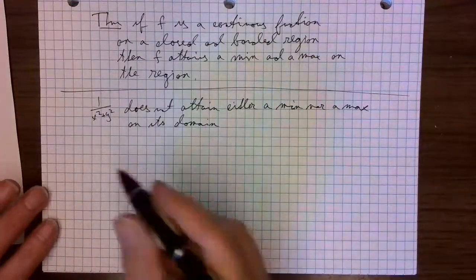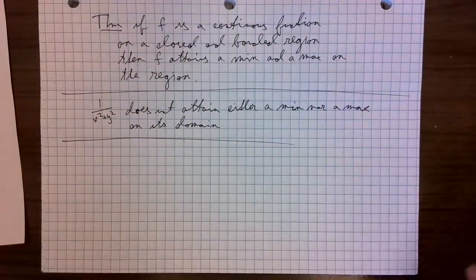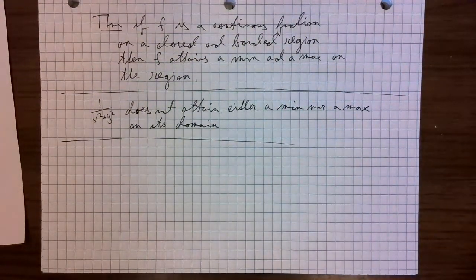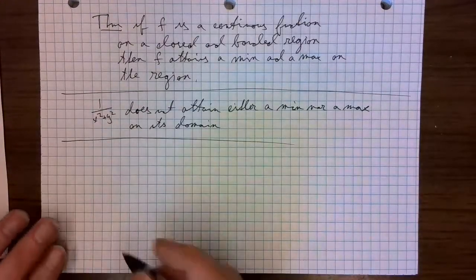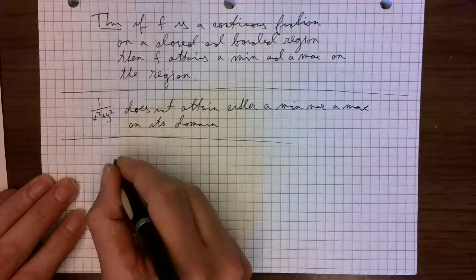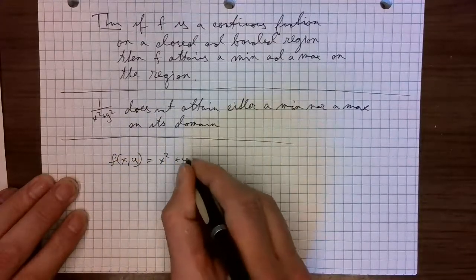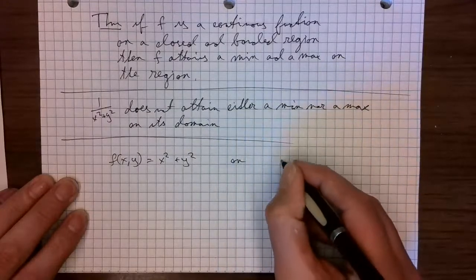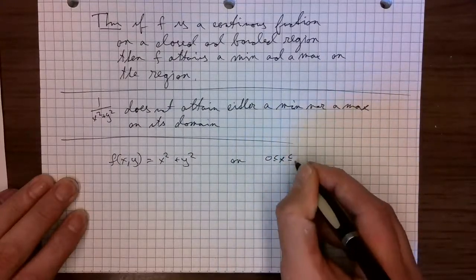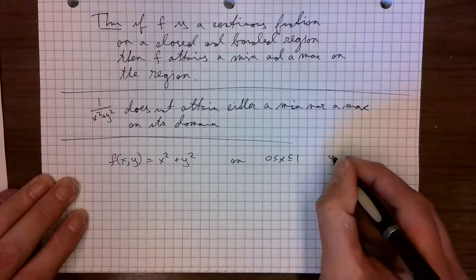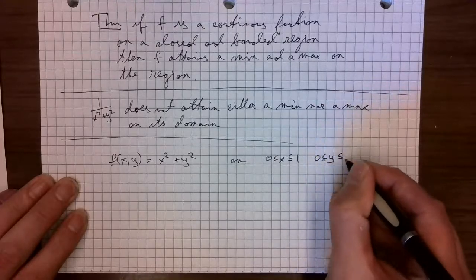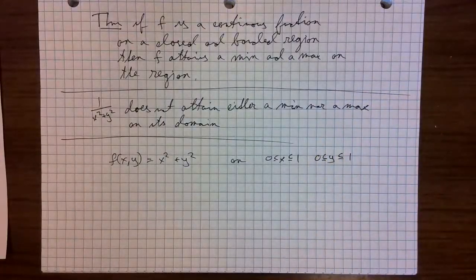All right, so we have this example that shows both of the ways that this can go wrong. Let's see where this can go right. Let's look at a function. Let f(x,y) be x squared plus y squared on the region where x and y are between 0 and 1.